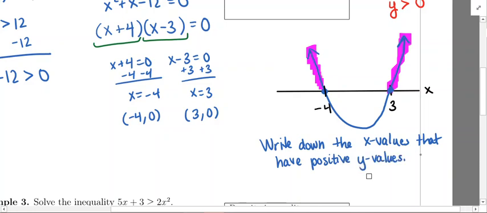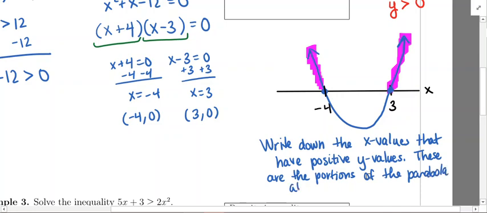These are the portions of the parabola above the x-axis. So we just need to go to each purple part and write down the x values over which this is happening.